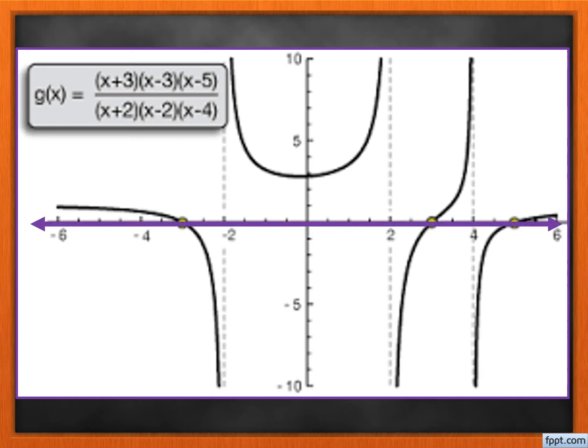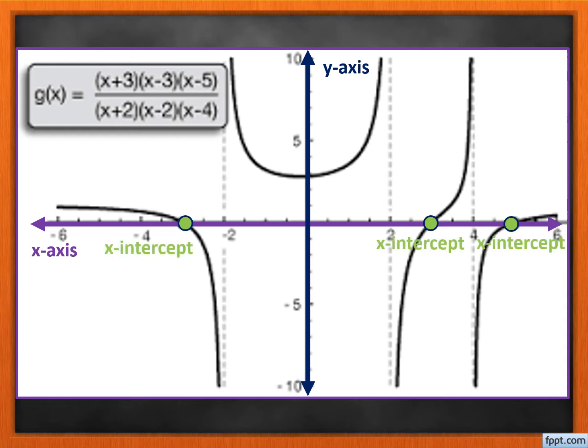So, in our graph, this is our x-axis, and this is our y-axis. So, kung mapapansin nyo, nagdikit yung mga graph natin sa x-axis or dun sa violet na line dito sa tatlong points na to. Color green na dots. And those points are called the x-intercepts. So in this case, we have 3 x-intercepts.